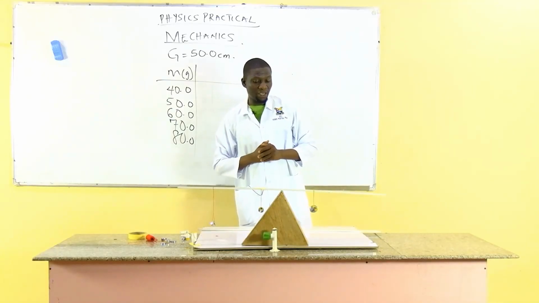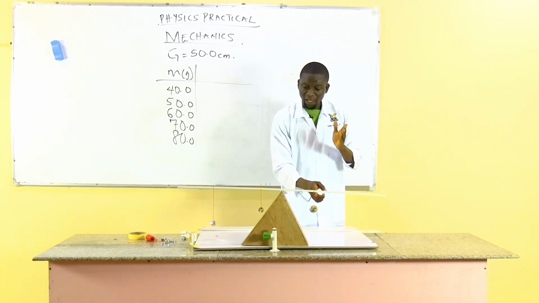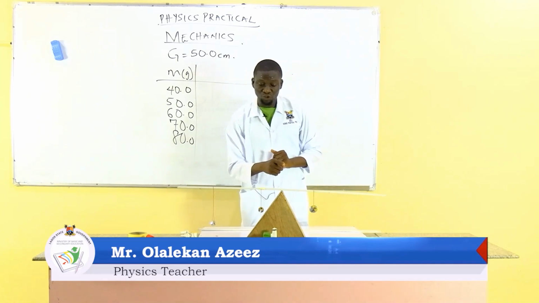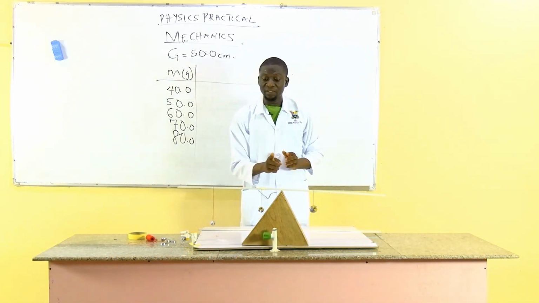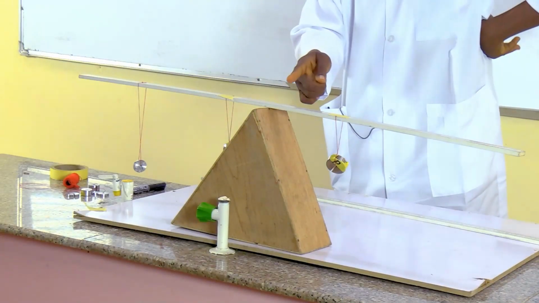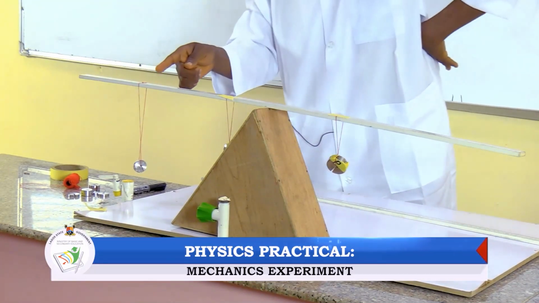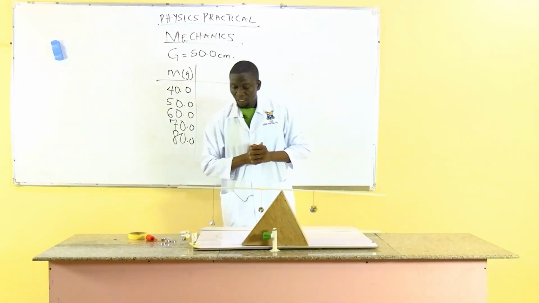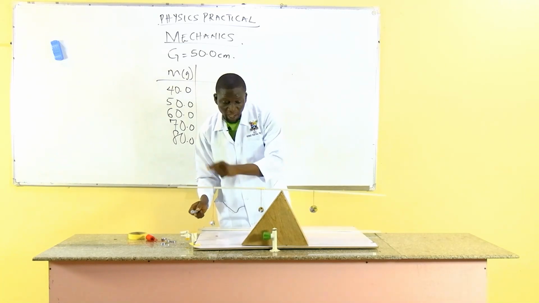Based on what I have here, from the center to the unknown mass P, I have 15 centimeter fixed from the instruction. From the center to this Q, I have 10 centimeter fixed from the instruction. My varying mass now, from the center to this place, I have 82.5.